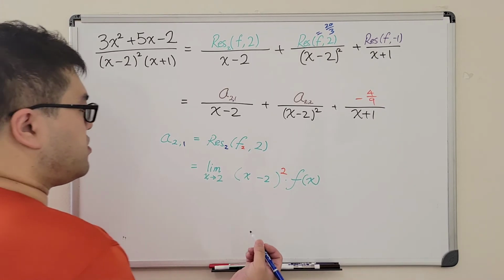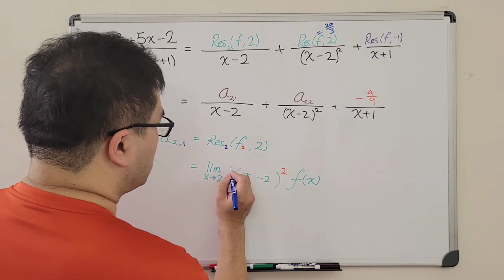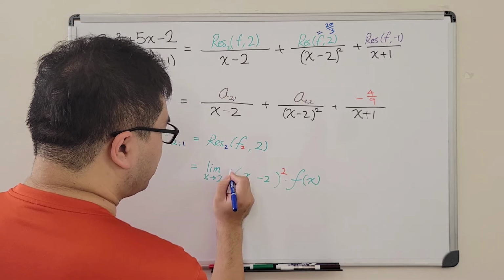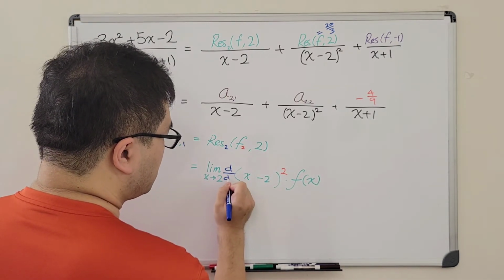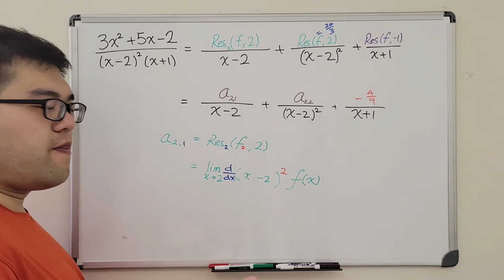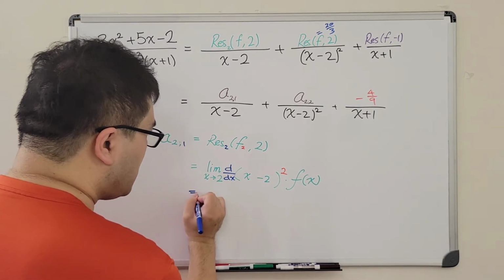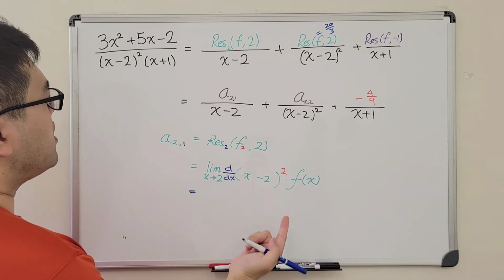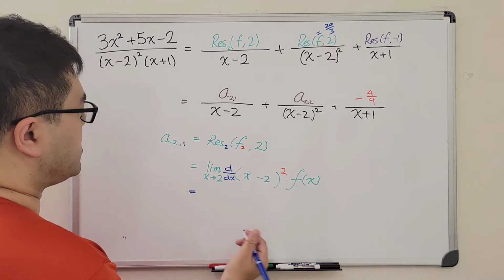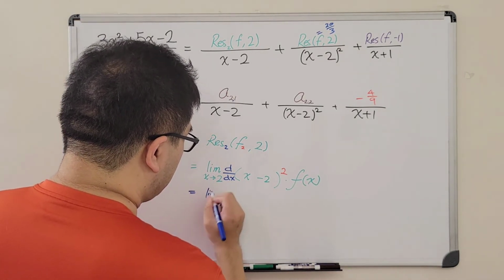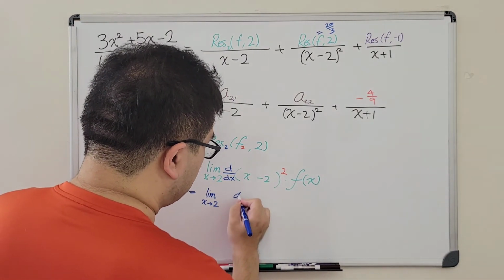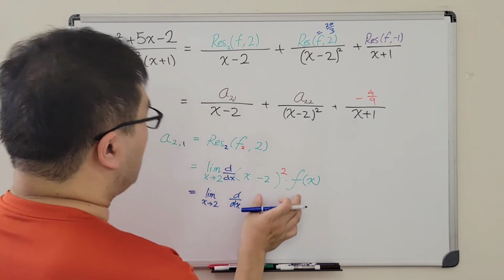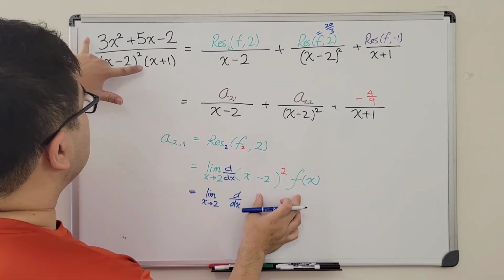So this is what we're going to do. We're going to take the first derivative of this product. Then, if we do that, we will now get the limit as x approaches 2 of the derivative of this part up here.